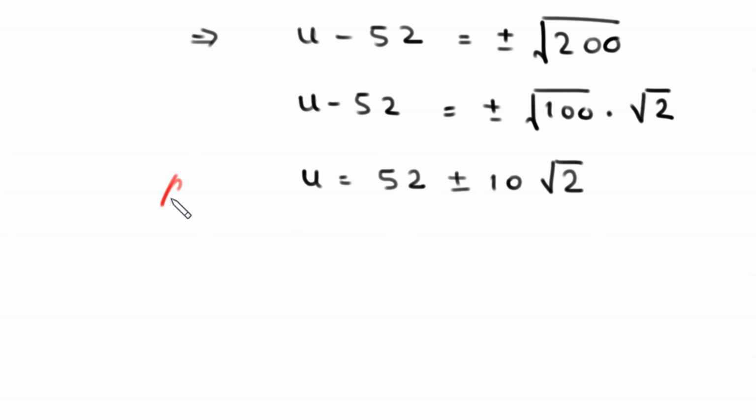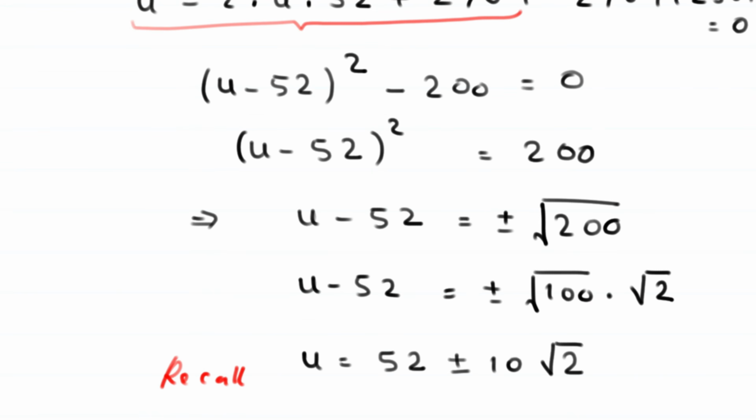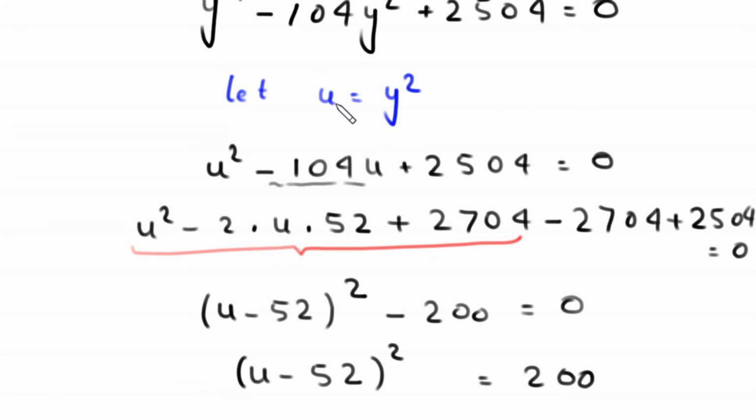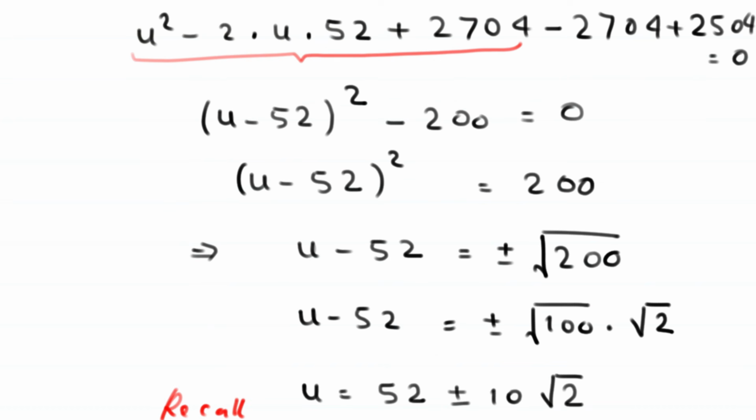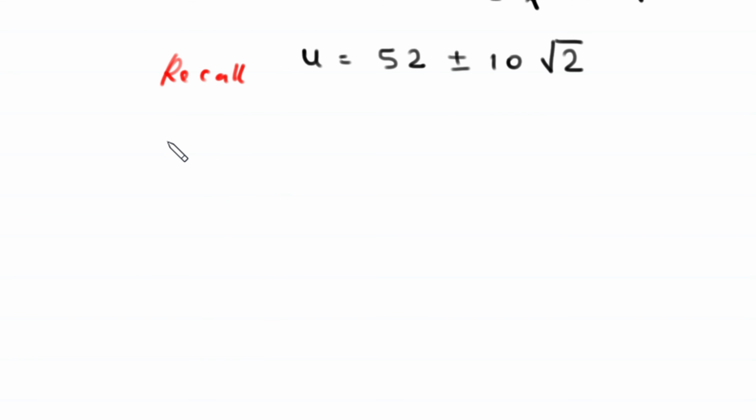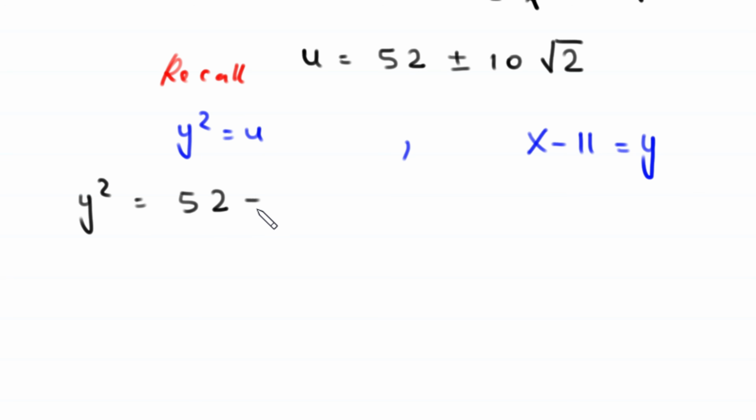Now recall that u is equal to y squared, and also remember that x minus 11 equal to y. So this will become y squared equal to 52 plus minus 10 times root 2.